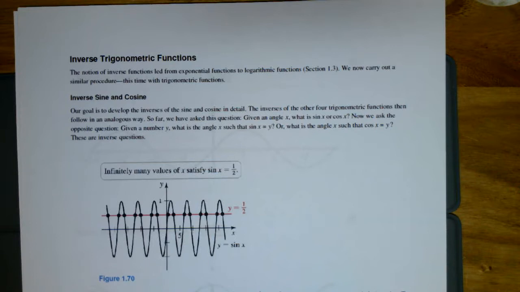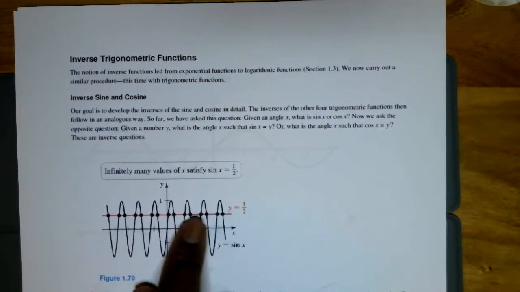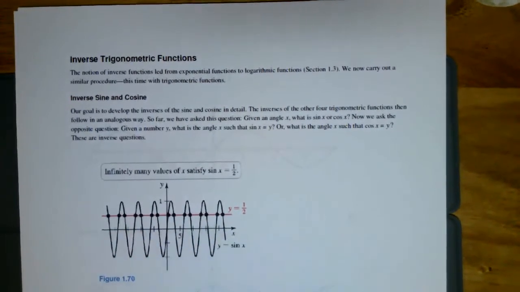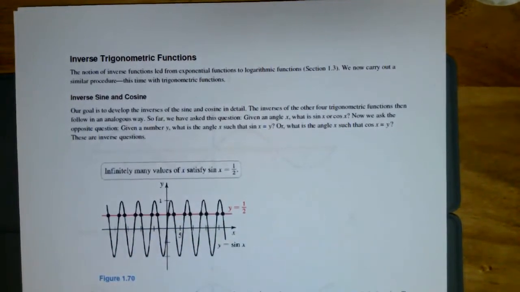Now, here's the problem with that sine function. It doesn't have unique answers because sine of x and cosine of x are not one-to-one functions on their domains. If it goes from negative infinity to infinity, it's going to fail the horizontal line test, because a horizontal line is going to cross that graph at infinitely many places.